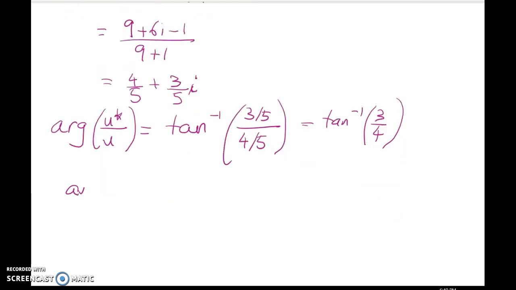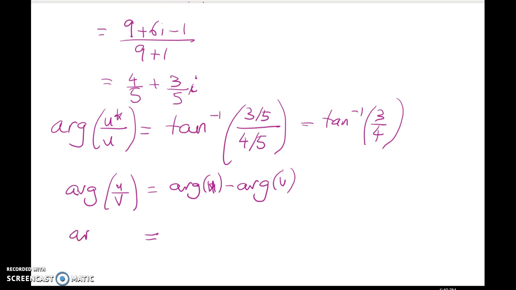Well, we've got to remember that the arg of u over v is equal to the arg of u minus the arg of v. So the arg of the conjugate over the number is equal to this.